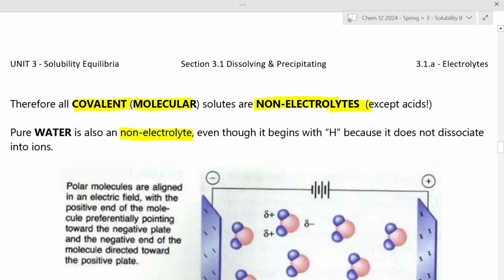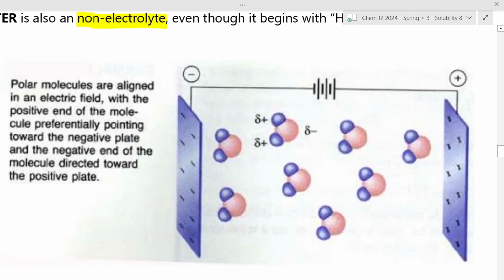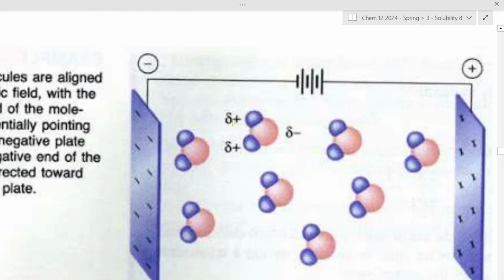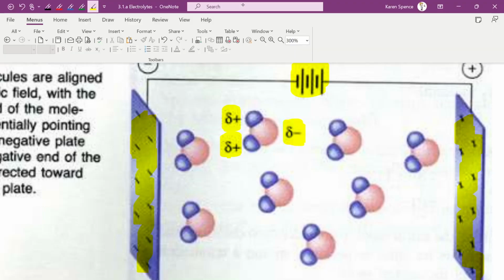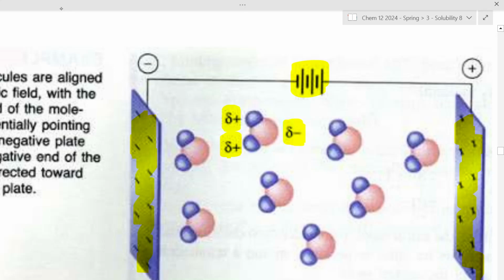Blown away. Now, the reason is that although water has a positive end and a negative end, what happens is if we have a battery and we have our negative plate over here and our positive plate on the right-hand side, half of the water molecule is going to be pulled towards the negative plate.